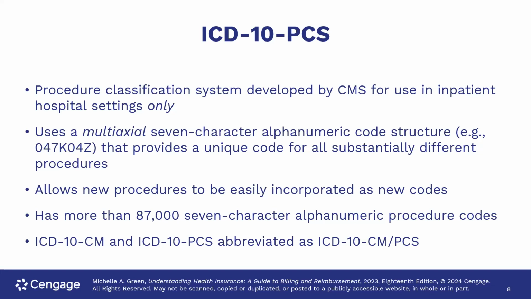With this new multi-axial 7-character system, new procedures can easily be incorporated as new codes. Right now, it has more than 87,000 7-character alphanumeric procedure codes. And again, you always hear ICD-10-CM and PCS referred to as one system. It's really two: CM for the diagnosis, PCS for the hospital procedures.